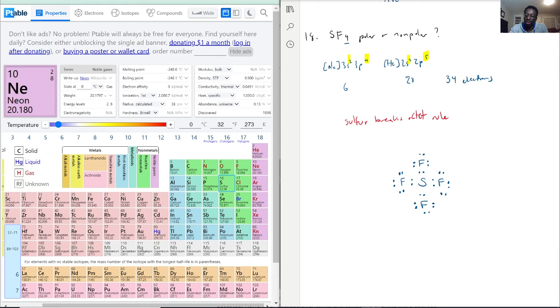And sulfur is so far sharing 4 of its 6. So, just as I said, with sulfur breaking the octet rule, it would have just 1 lone pair right there, kind of squeezed in.